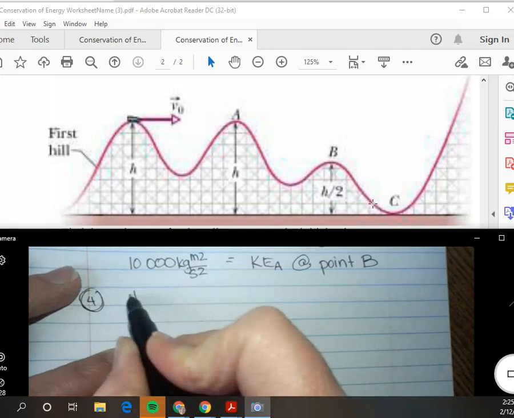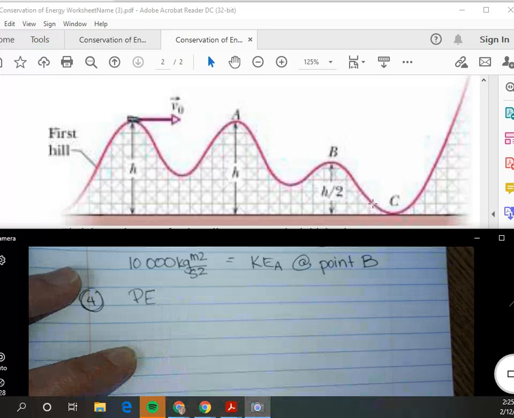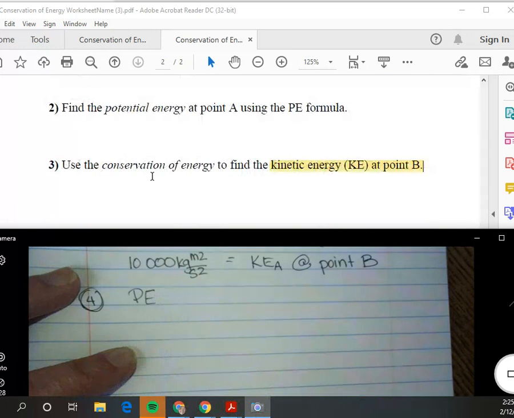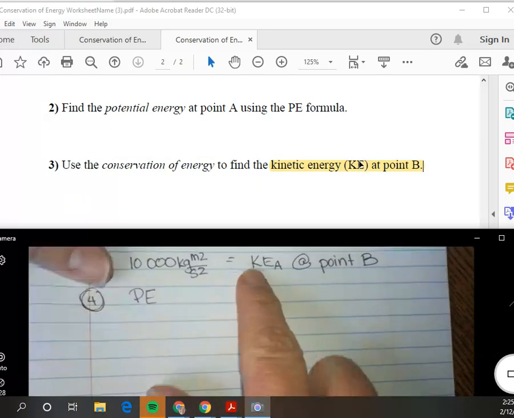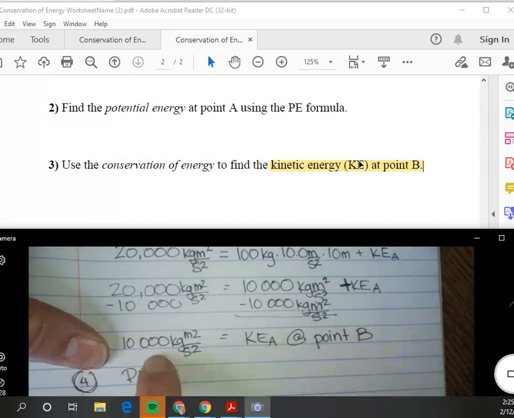Well, we haven't solved the three. Three says use the conservation of energy to find the kinetic energy. So that is the kinetic energy at point B. Is that 10,000? So I was right to just use the kinetic energy formula.